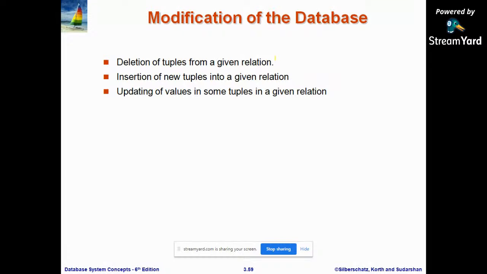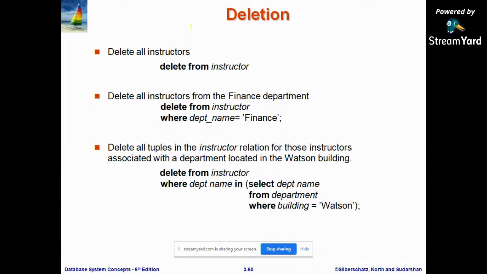Now we come to the modification of the database. To modify the database, you can do the deletion, insertion, or updation of some of the values. How can you delete the entries from the table? You can delete the entries from the table by using a simple command, delete from instructor.